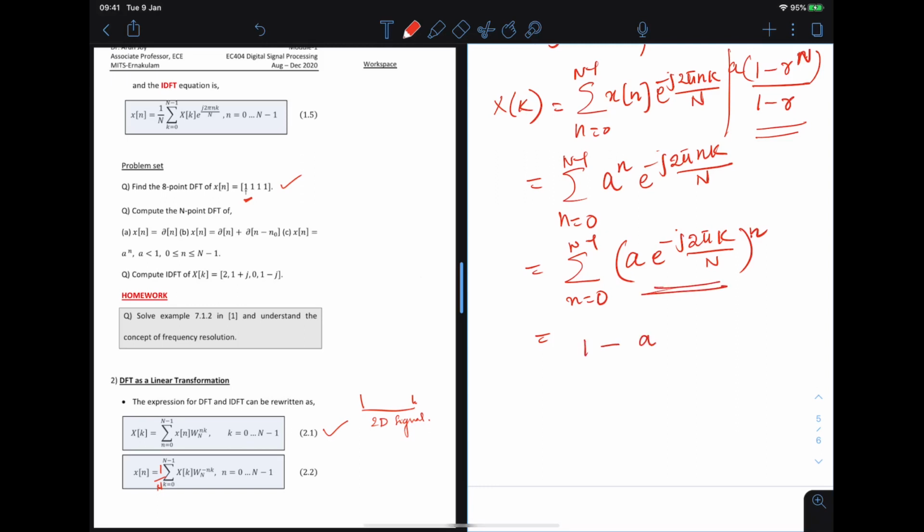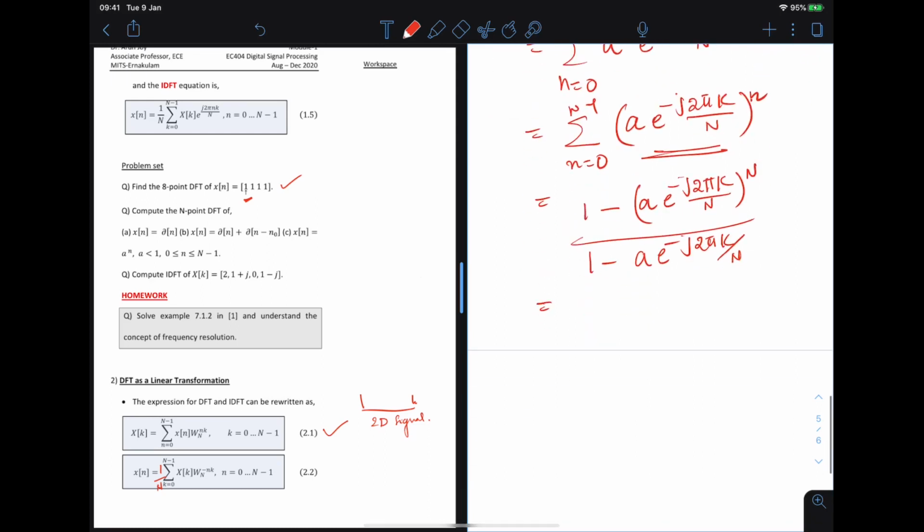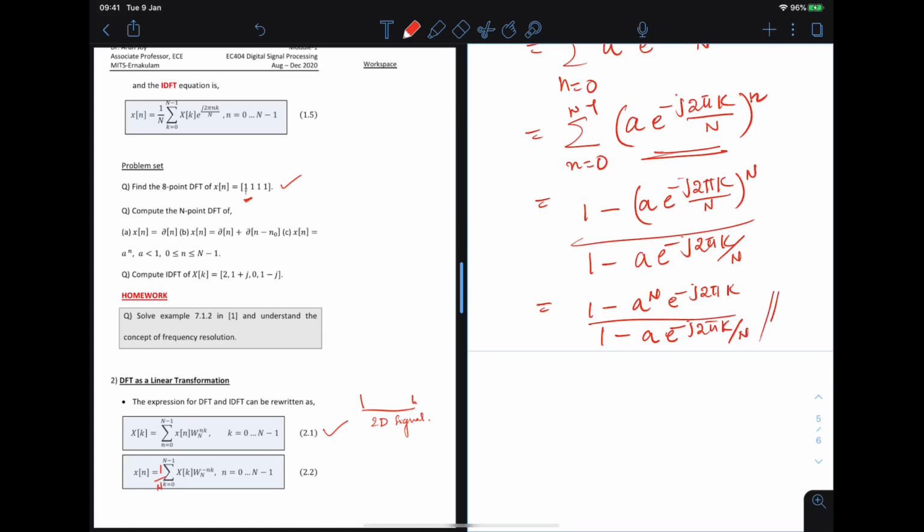So it will be 1 minus a into e raised to minus j 2 pi k by N, whole raised to N, by 1 minus a into e raised to minus j 2 pi k by N. So that is equal to 1 minus a raised to N e raised to minus j 2 pi k by 1 minus a e raised to minus j 2 pi k by N. So this is your final answer.